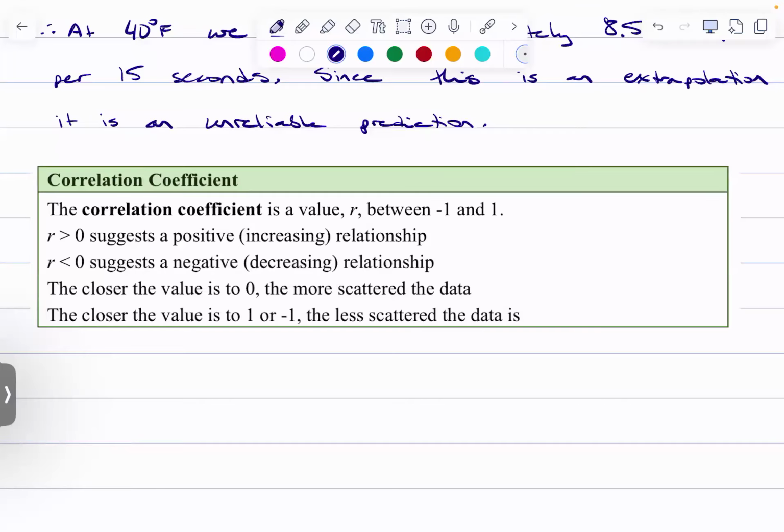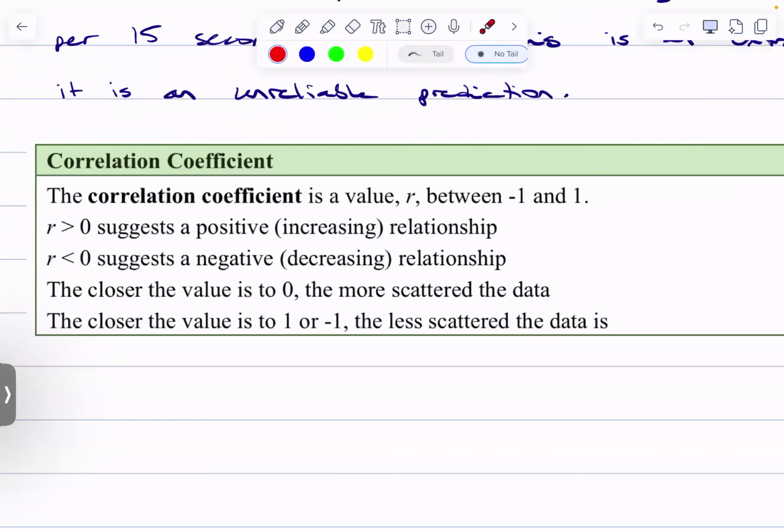So in statistics, and in linear regression, we use the correlation coefficient. We denote the correlation coefficient by a lowercase r. There are two r's in there, so I guess it makes sense.